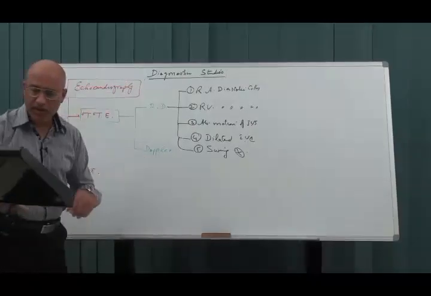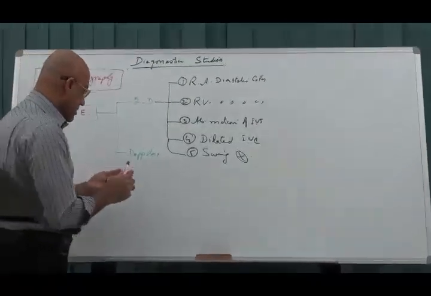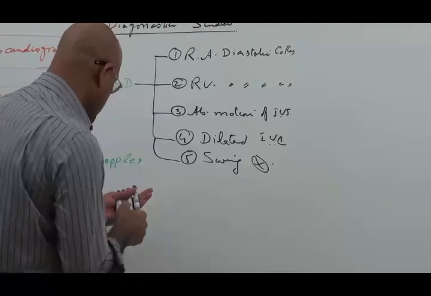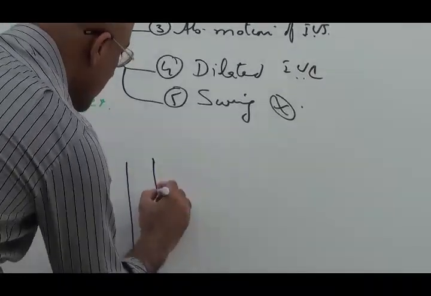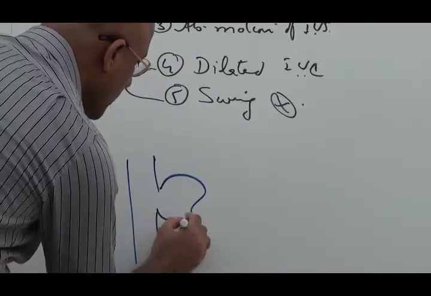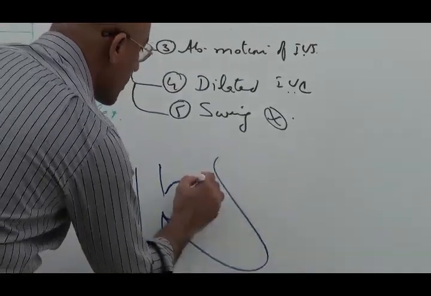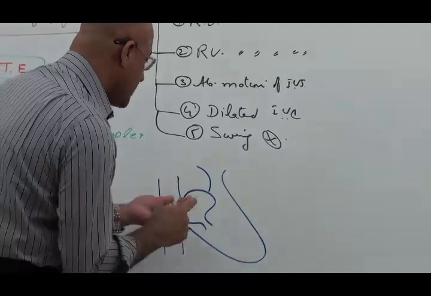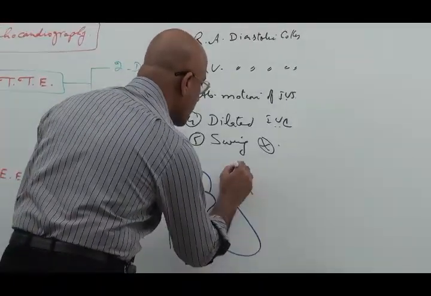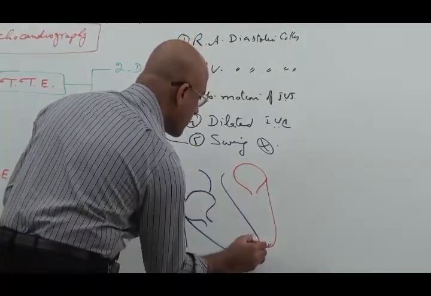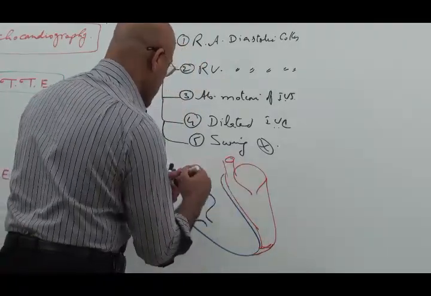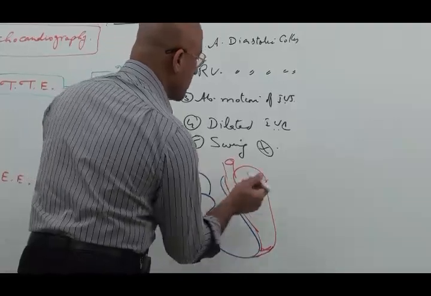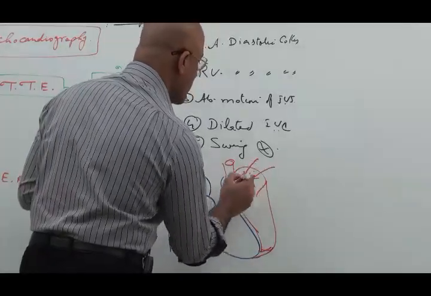Now what are the Doppler echocardiography findings? Let me draw the diagrams. This is on the right side. And here it is. Of course, the blood here is coming from where? From pulmonary veins.